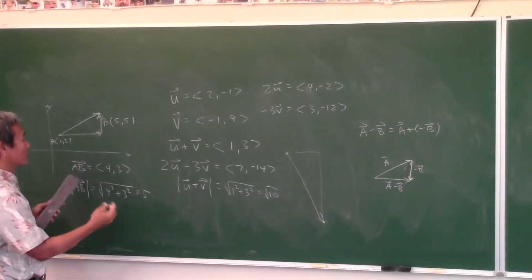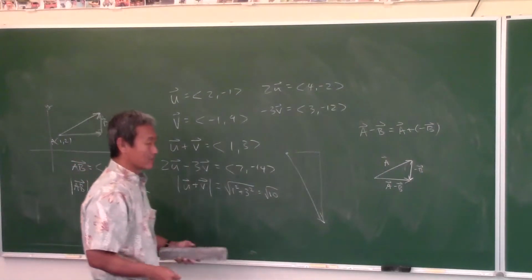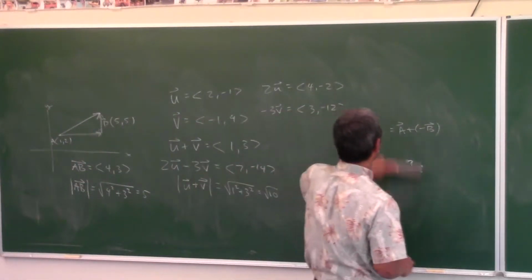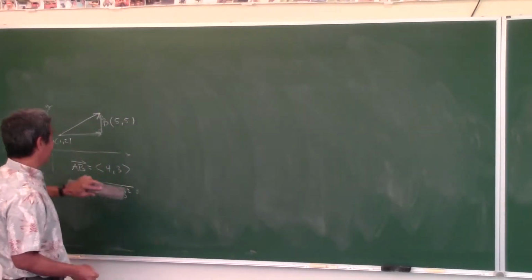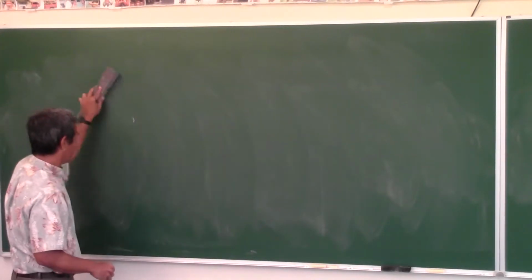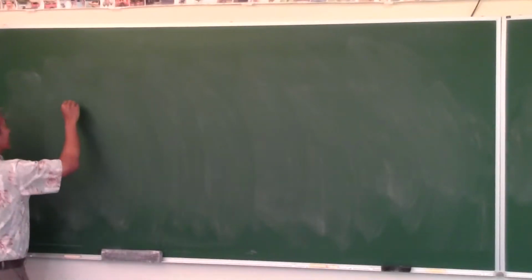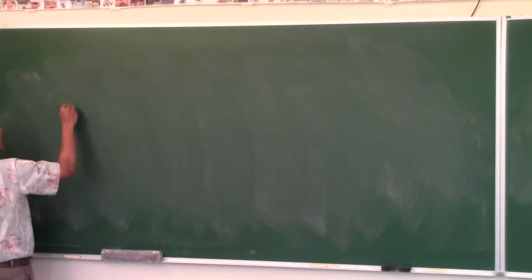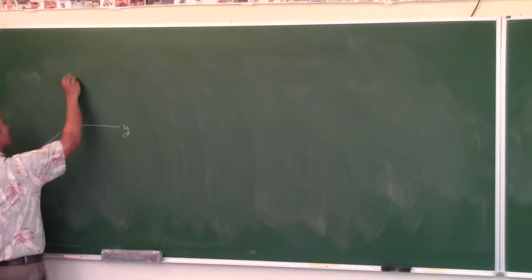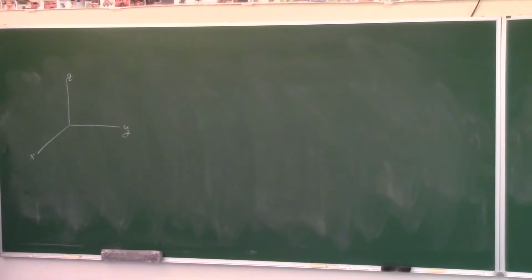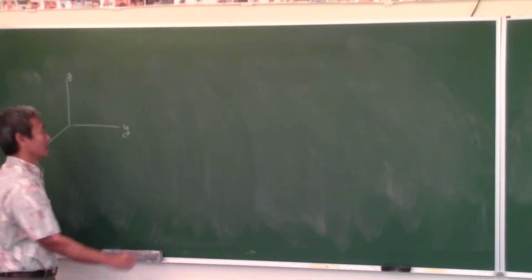Okay, and then of course, once you have two-dimensional vectors down, now we can do three-dimensional vectors. And that's what we're going to be doing in this course, all three-dimensional vectors. So now, instead of just the xy axes, you have the xyz axes.